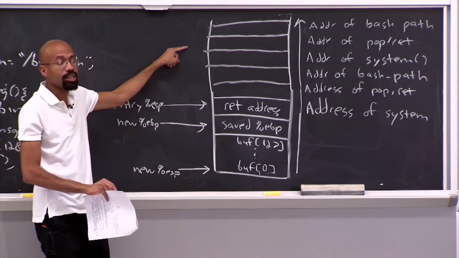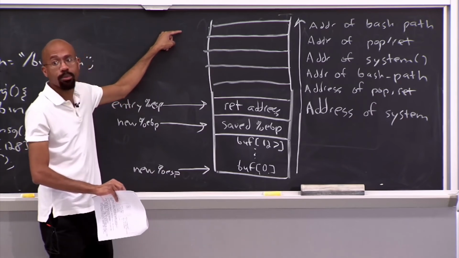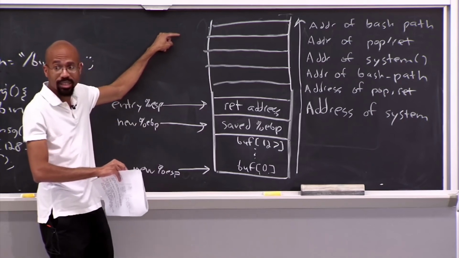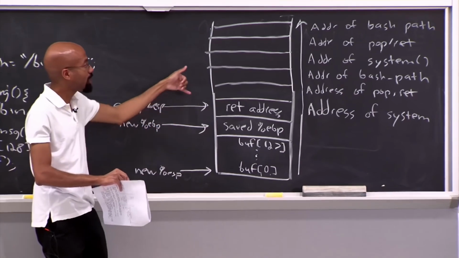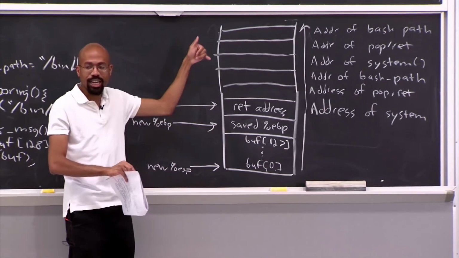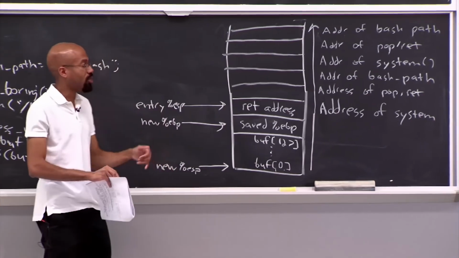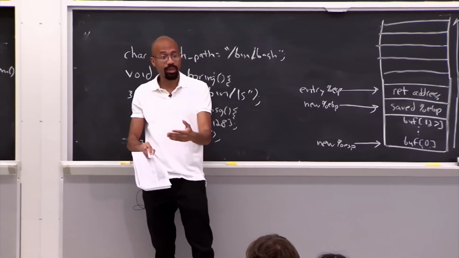Where is it going to ret to? The pop ret gadget again. So the ret pops the stack. We are now in the pop ret gadget. The pop ret gadget is going to pop this, and so on and so forth. So clearly we can chain this sequence to execute an arbitrary number of things, right? And this, in essence, is starting to get to the core of what return-oriented programming is.